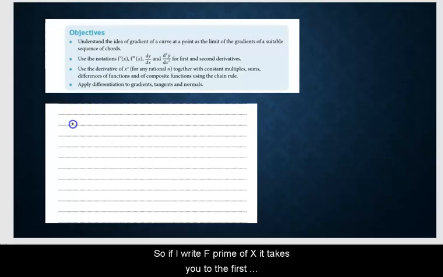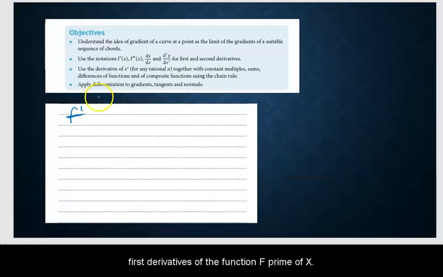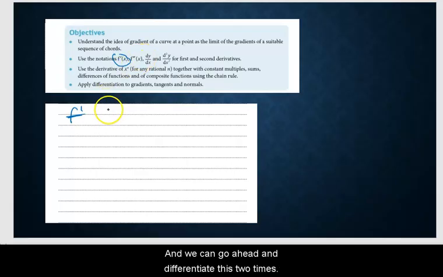If I write f prime of x, it takes you to the first derivative after we have differentiated the function once. So f prime of x represents the first derivative of the function, and we can go ahead and differentiate this 2 times. This will be the second derivative of the function, and all these represent the same thing.